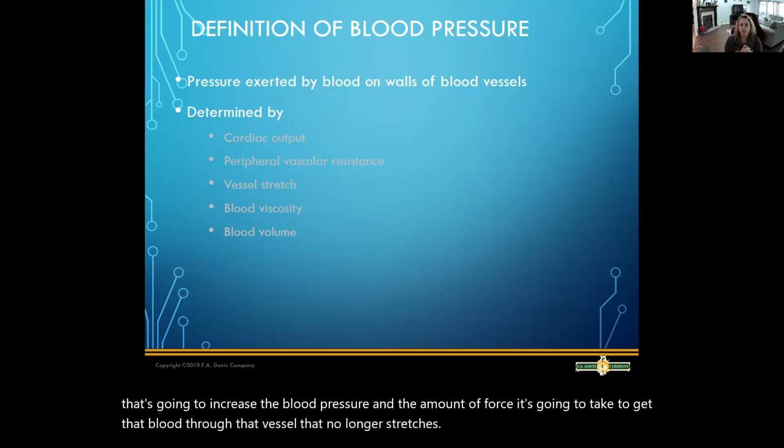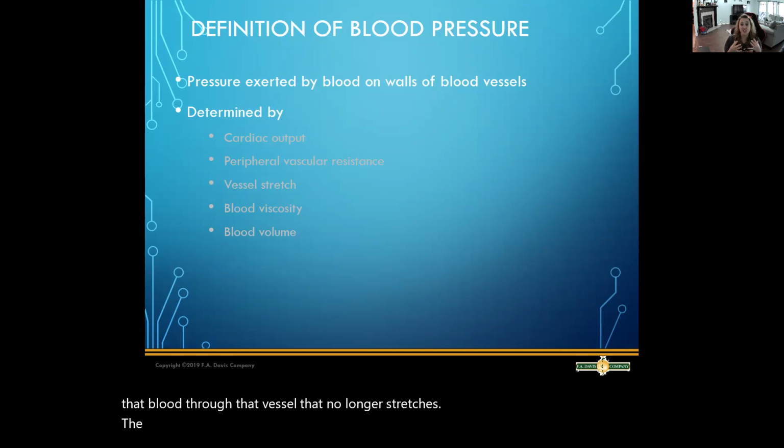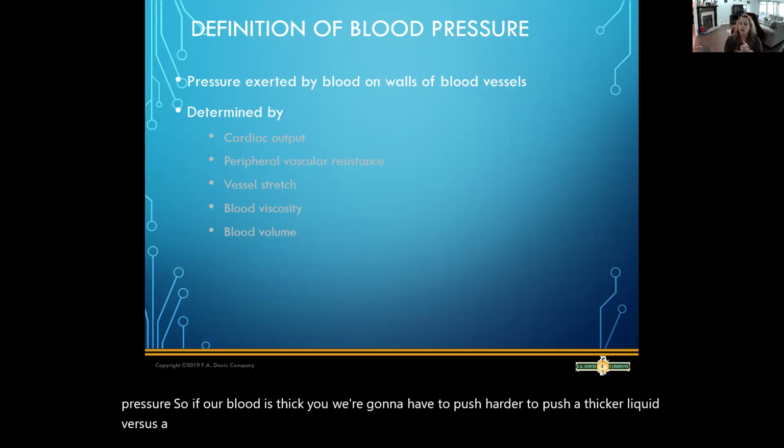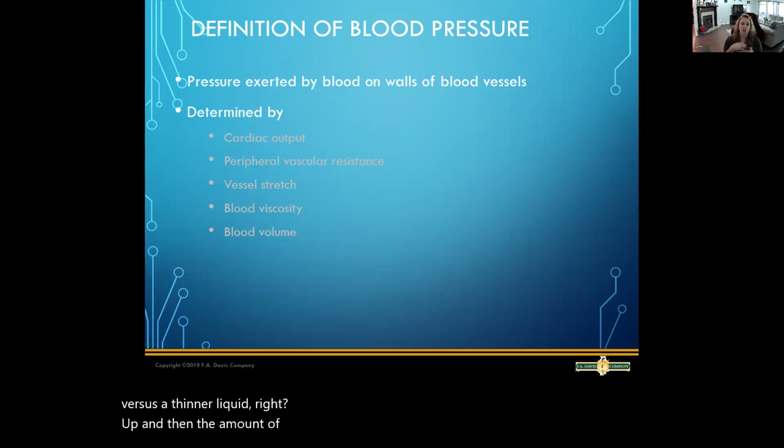The viscosity, meaning the thickness of the blood, can play a role in blood pressure. If our blood is thick, we're going to have to push harder to push a thicker liquid versus a thinner liquid. And then there's the amount of actual circulating volume within our body, the fluid volume.